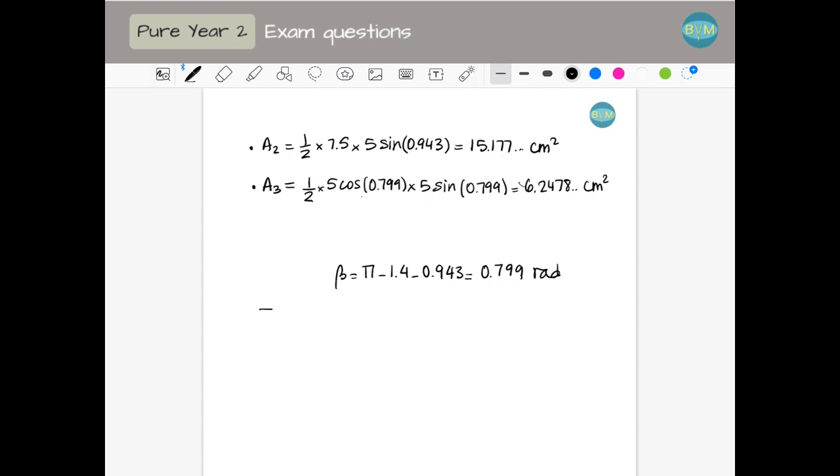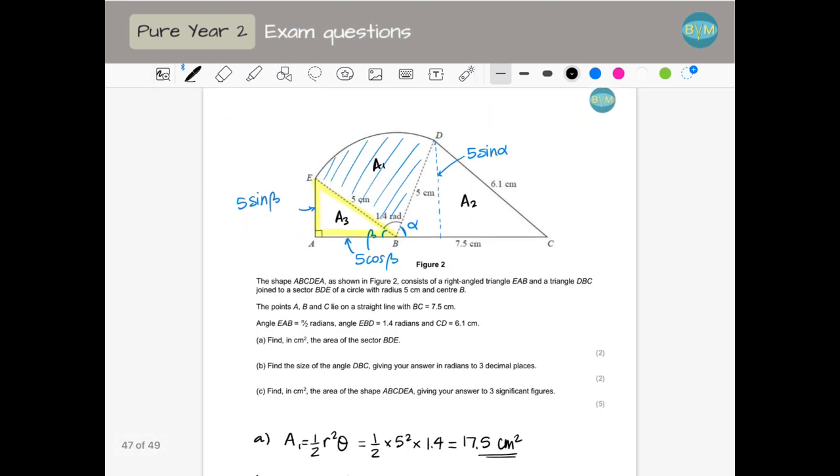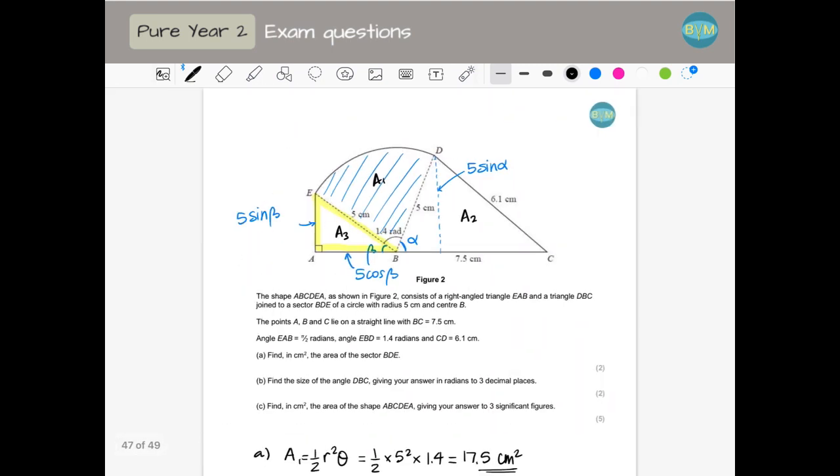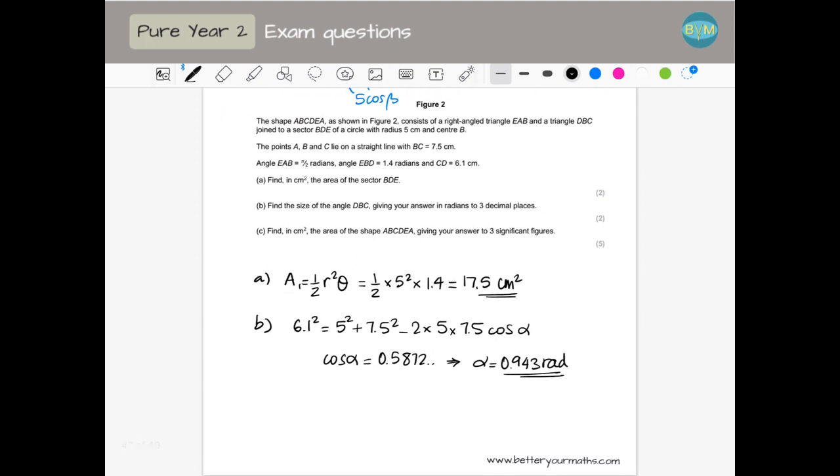So the total area is going to be the three areas that I have: A1 that was 17.5, plus A2 15.177, plus the last one, 6.2478.